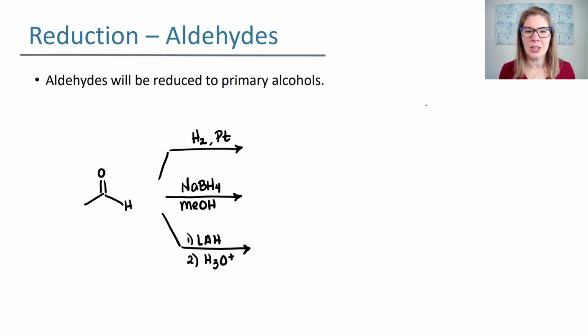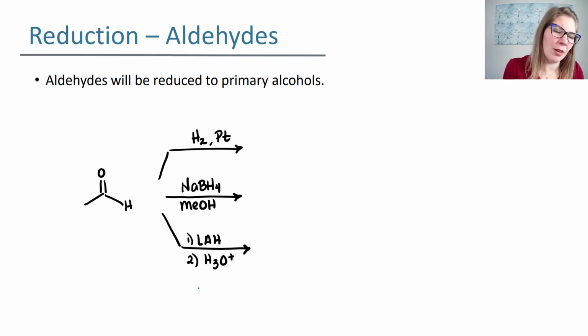Let's talk about the reduction of aldehydes, which forms primary alcohols. There are three reagents that you're going to see commonly used: hydrogen with either a platinum, palladium, or nickel catalyst; sodium borohydride with methanol, MeOH, as a solvent; and then a two-step reaction where you use lithium aluminum hydride and a second step of water or H3O+.